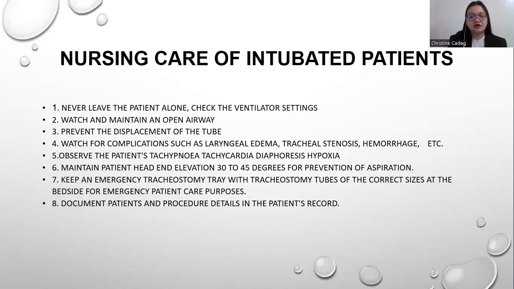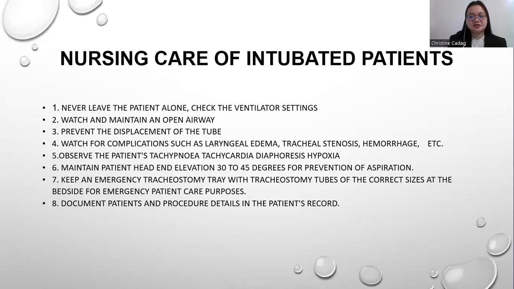And if all are okay, you need to immediately tell it to the doctor. Maybe he will adjust the sedation or the ventilator setting. Next is maintain patient head elevation 30 to 45 degrees for prevention of aspiration.